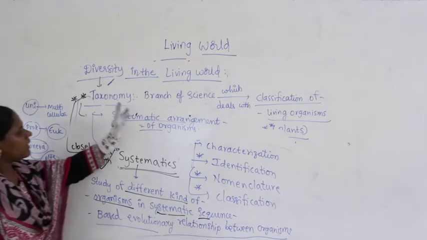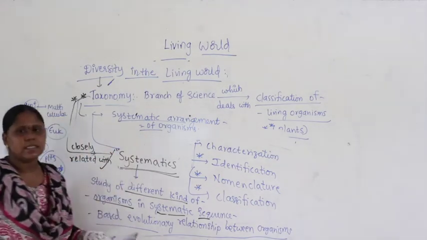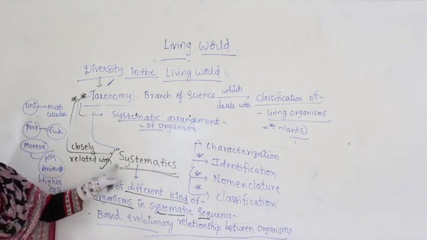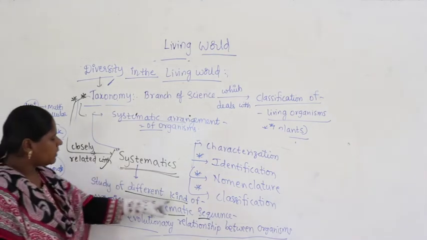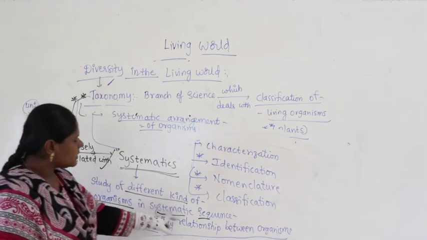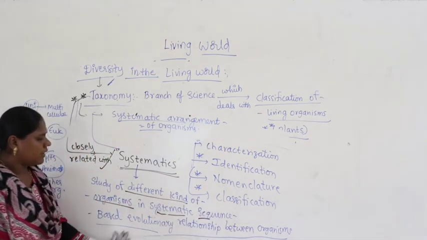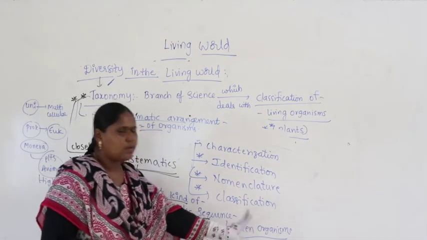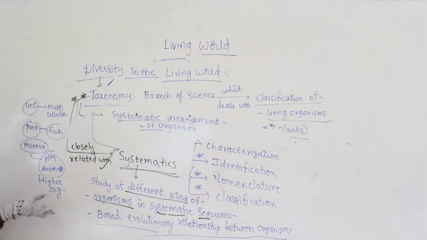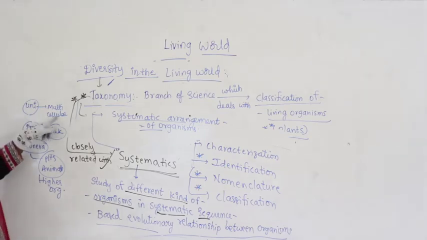The systematic arrangement of organisms itself is called systematics, where we study different kinds of organisms in a systematic sequence based on evolutionary relationship between organisms. What is evolutionary relationship? How eukaryotic organisms are produced from prokaryotes. What characteristics are common in evolving eukaryotes from the prokaryotes. Similarly, what characteristics are common for multicellular organisms evolving from unicellular organisms.